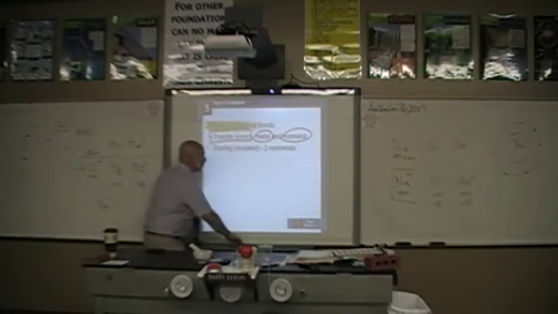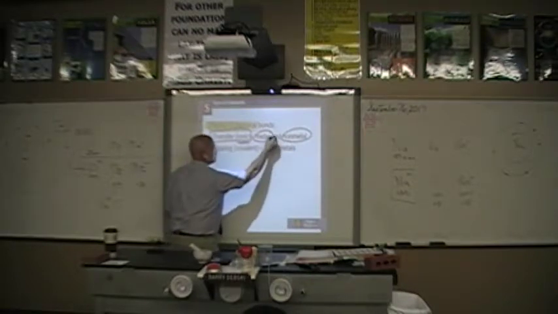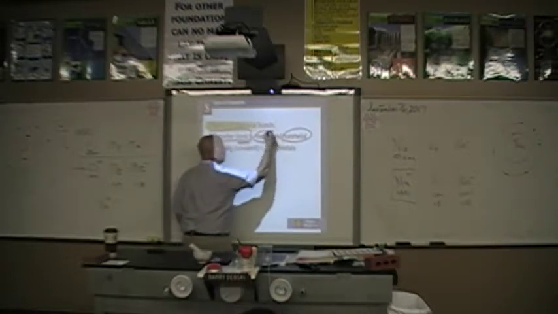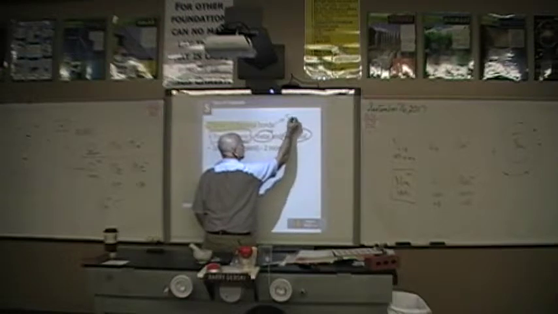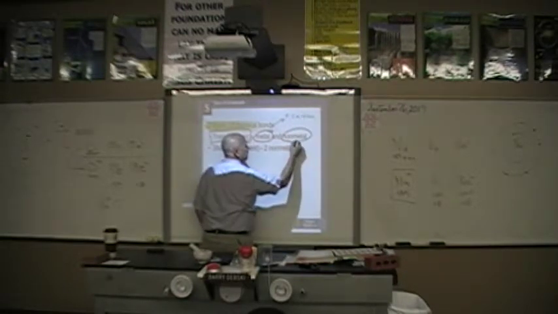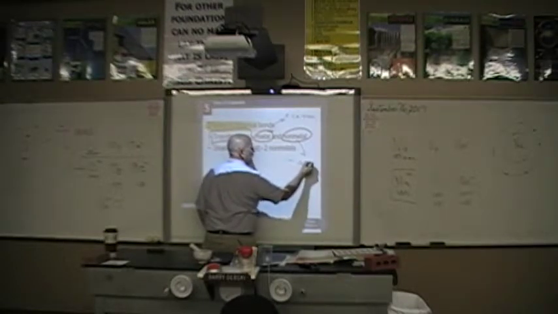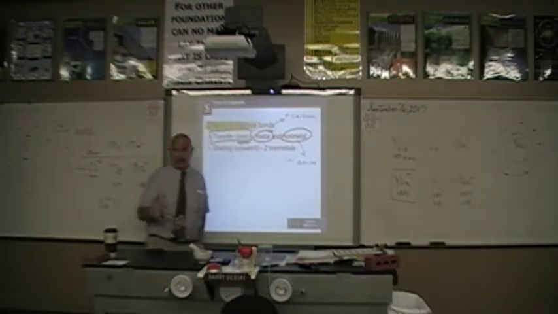Now, one thing you'll notice, every time we do this, for ionic bonds only, we're always going to have a metal, that's going to be your positive one, and you're always going to have a non-metal, that's going to be your negative anion. Always.